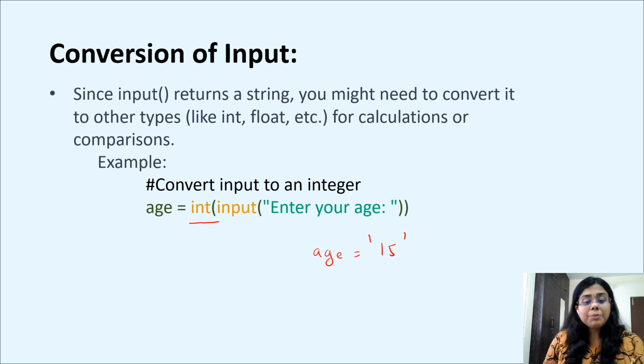How do we do the type conversion? When we take in the input, when we say enter your age, it is then put into the int function, which converts the string into an integer format. Now, if we see, the age will be 15. This is an int data type, whereas this was a string data type.